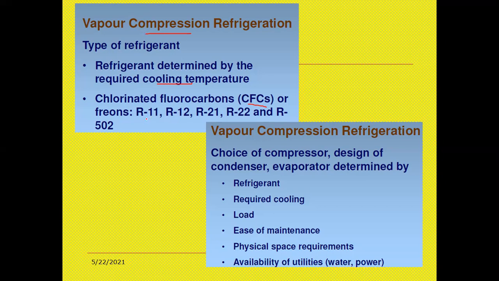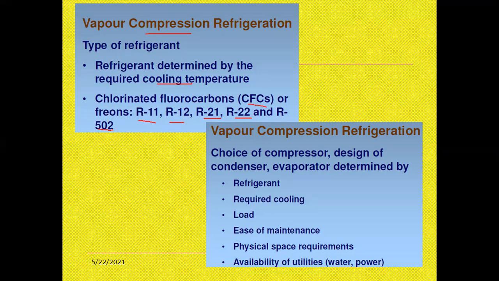So what type of refrigerants are we using? Freon R11, R12, R21, R22 and R502. So these are the different types of refrigerant we are using for this vapor compression refrigeration system.